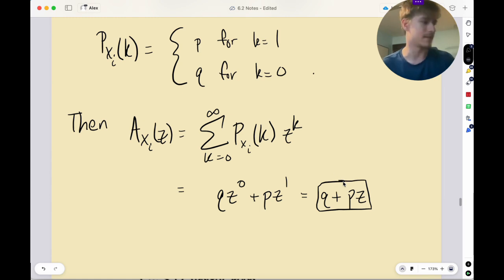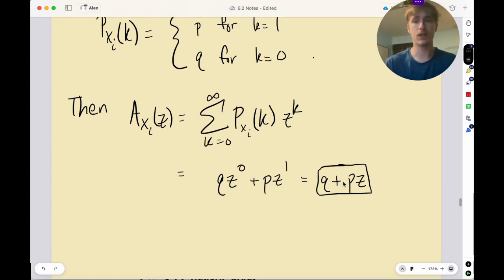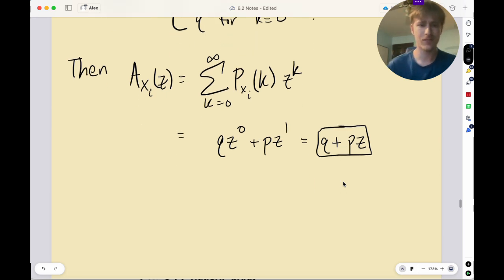Now that's interesting, right? Because last time we talked about a very similar looking generating function. So I'll just make a note.